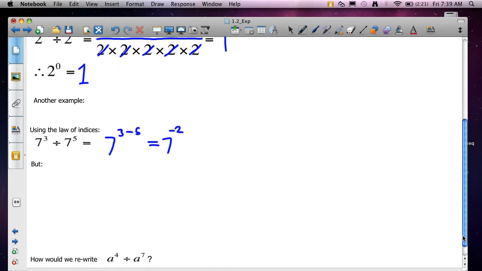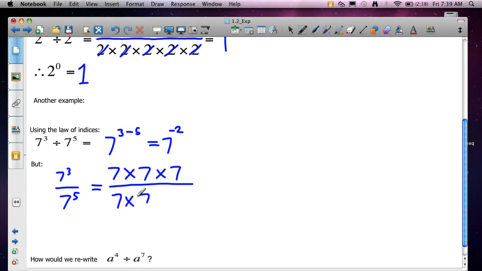We don't like to have negative exponential values. So what I'm going to do is go back again to direct calculation, and take a look at 7 to the third over 7 to the fifth, which means I have 7 times 7 times 7 over 7 times 7 times 7 times 7 times 7.